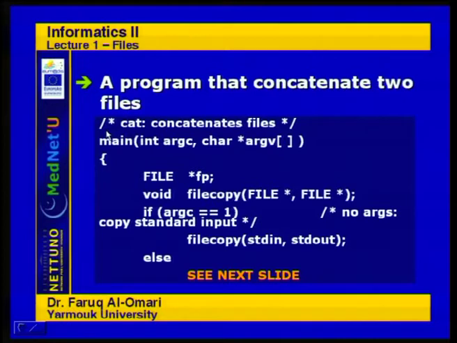We're going to be writing something like this. This is a comment, and you know this from C: cat, and this program is to concatenate files. The main function takes two arguments, and these tell me where the files are. One is a pointer to the names of the files, and the integer tells me how many arguments I have. Let's see how that goes.